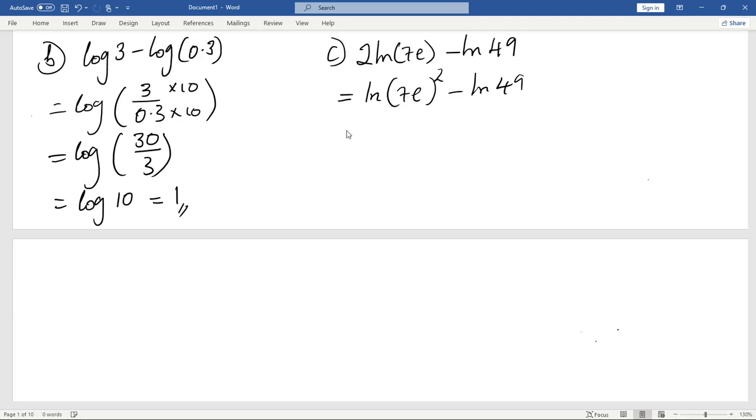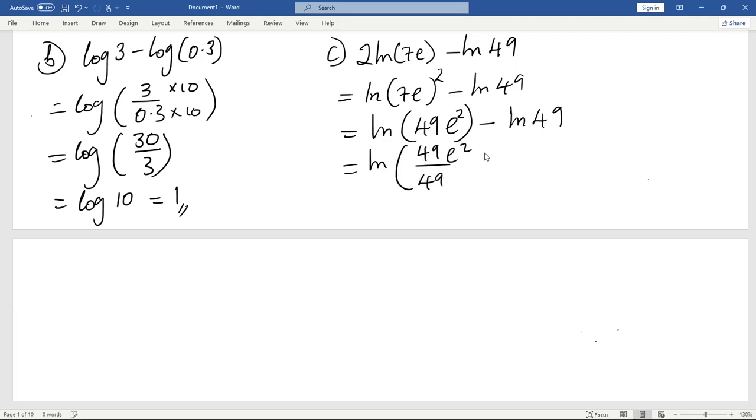So we're going to have ln, 7 to the power 2 gives us 49, then e to the power 2 is just e squared, minus ln 49. Since we're subtracting, it means that we're supposed to divide the functions that are inside. So here we have ln, open brackets, 49 e squared divided by 49. These are going to cancel out.